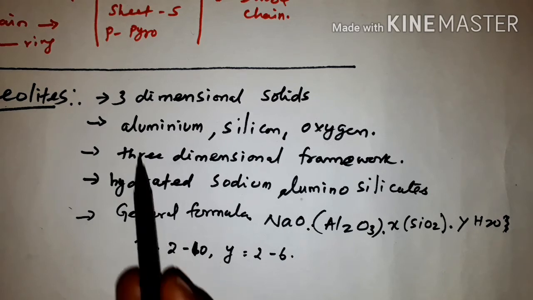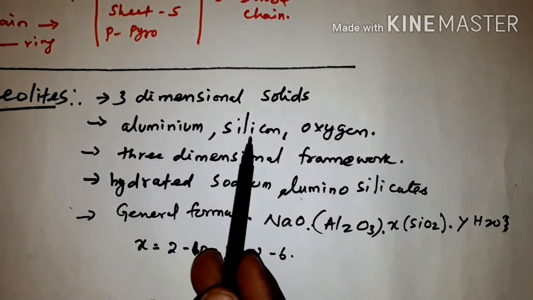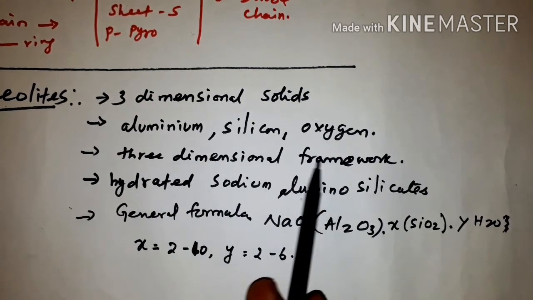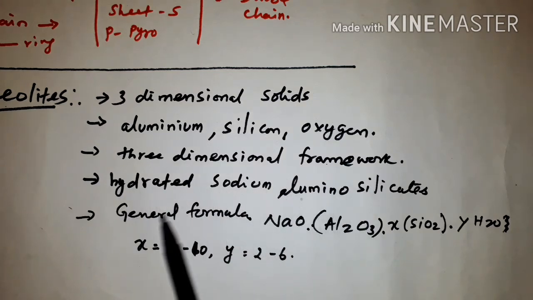Okay, so three-dimensional solids, they usually contain aluminum, silicon and oxygen. They form a three-dimensional framework, and they are hydrated sodium aluminosilicates, and the general formula of these zeolites is Na2O·Al2O3·xSiO2·yH2O, where x ranges from 2 to 10 and y ranges from 2 to 6.